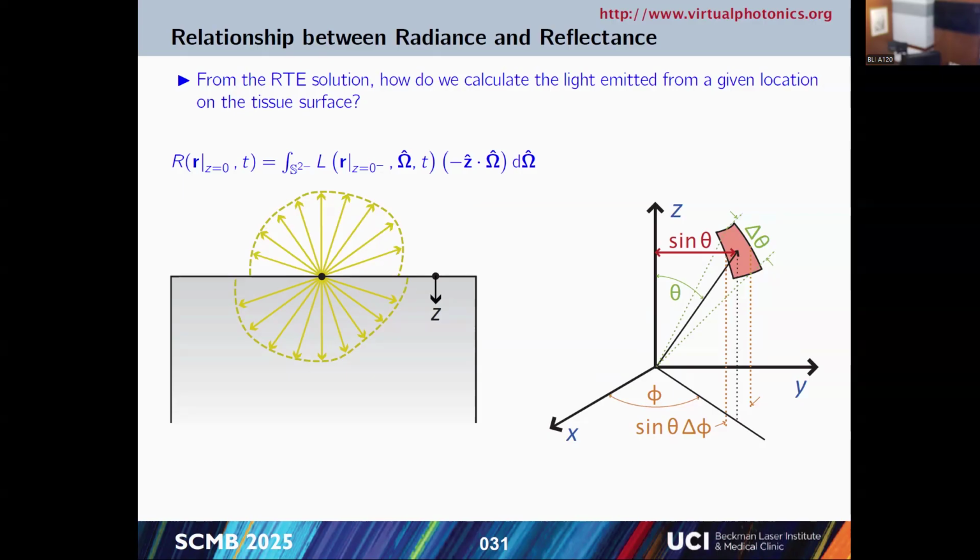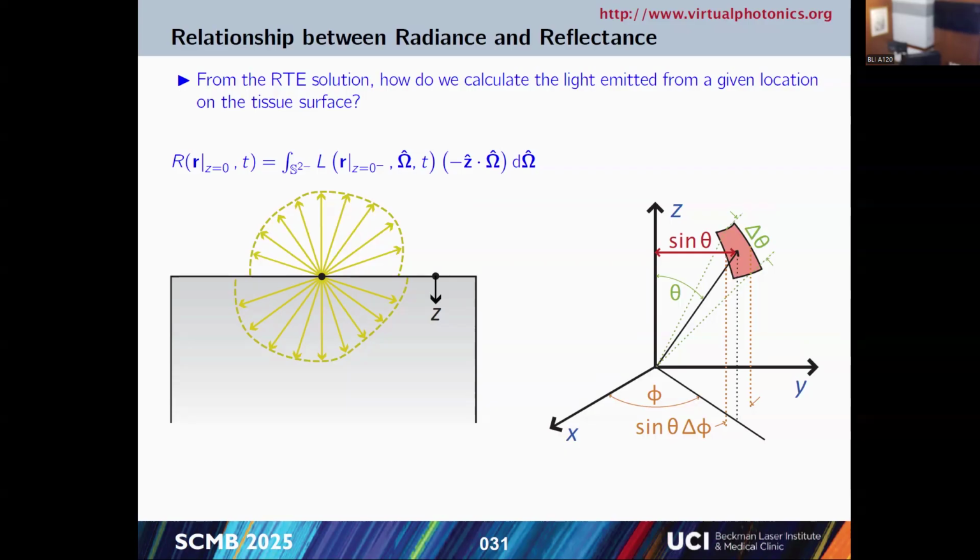And I'm interested in the radiance of the light coming out, not at 0, because 0 is a discontinuity. You want to look at an infinitesimal location just above that boundary, and you want to look at the emission of light on the other side of that boundary. And typically we have planar detectors. We don't necessarily have a detector that is shaped hemispherically.